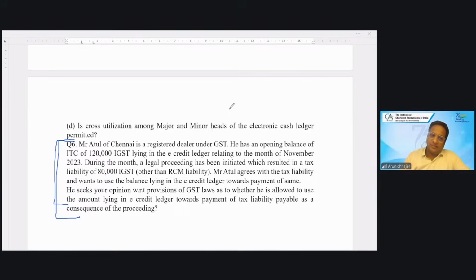I have received one answer as no, one answer as yes. I don't know which one is correct. Kindly read and then give me the answer. Once I receive a couple of answers, then I will start answering the question.